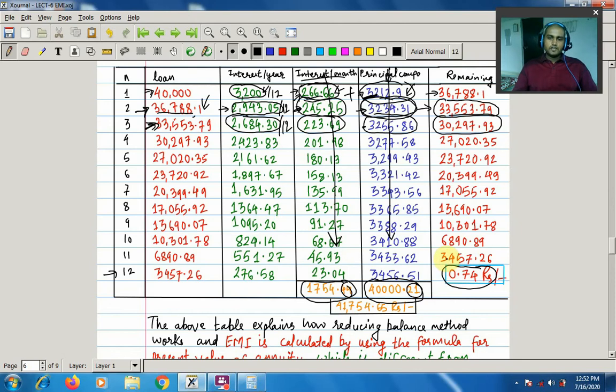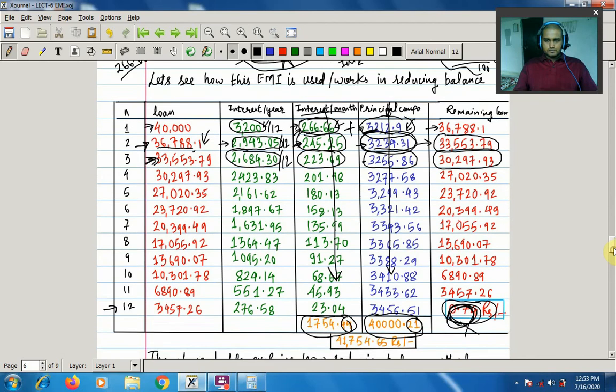So I owe this much amount, 74 paisa. This is because of my human error, because I'm not taking accuracy while writing decimals. So while writing decimals, please try to write at least 4 decimal places. Anyway, in the end it should come to 0 rupees left for me to pay to the bank.